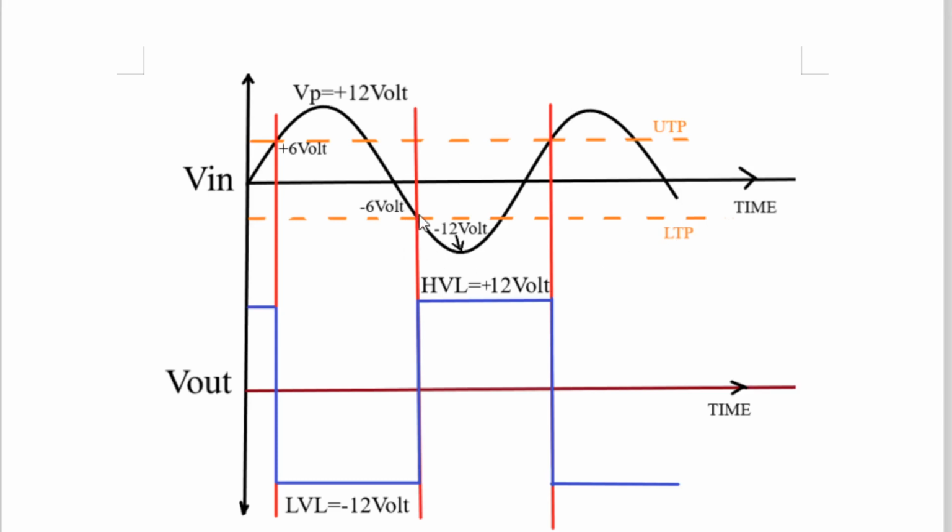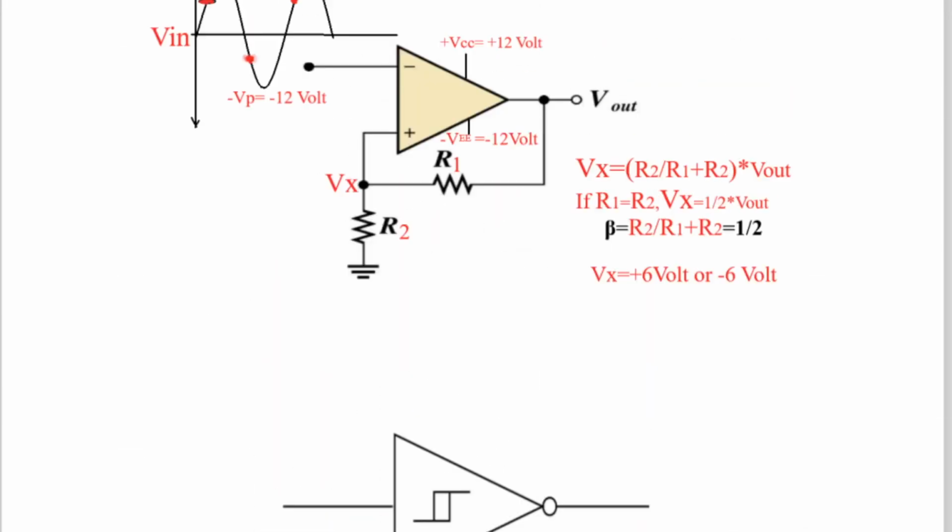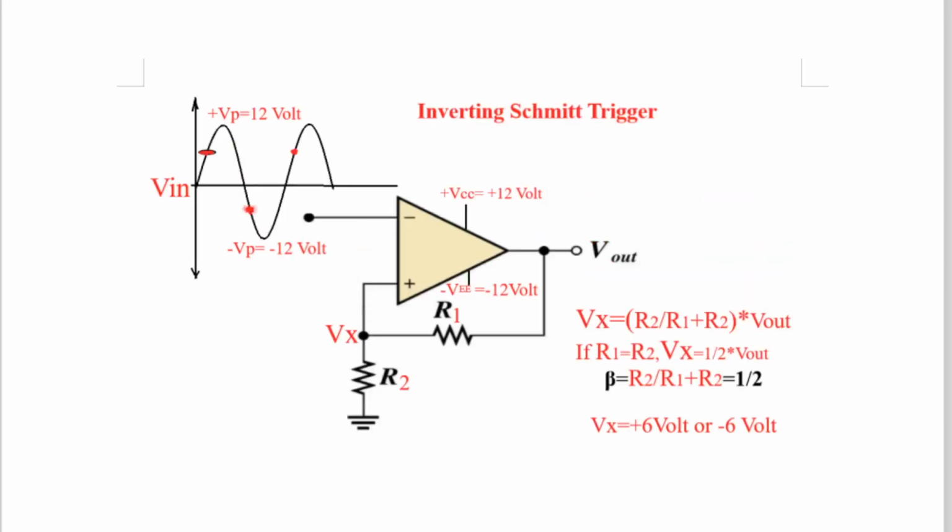So when the voltage at the inverting pin goes just below minus 6 volt, then you compare: if it is minus 6.1 volt and you compare minus 6 volt with minus 6.1 volt, minus 6 volt will become positive because minus 6.1 volt is more negative.